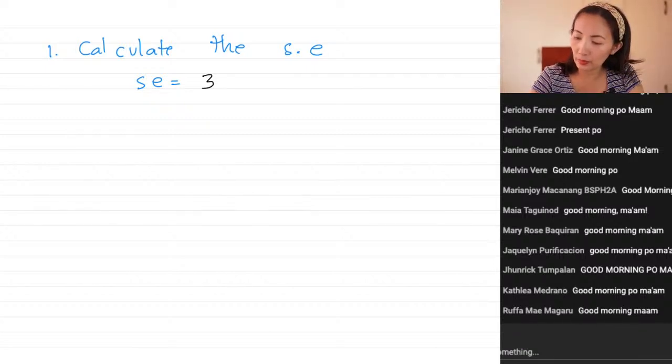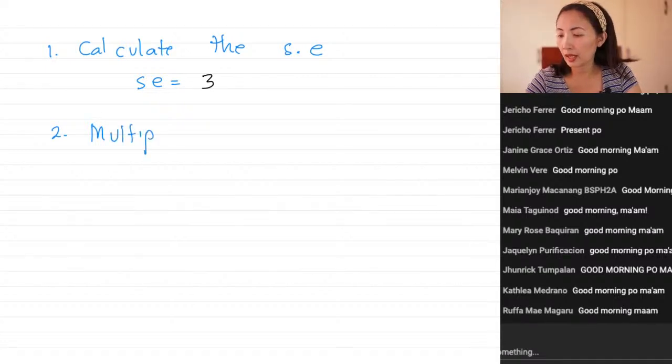Step number 2: suppose this is not given, then we have to compute SE by the formula S over the square root of n. If SE is given, you just have to jot it down and then multiply the standard error SE by 1.96.